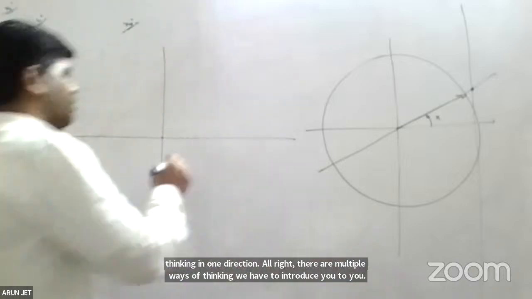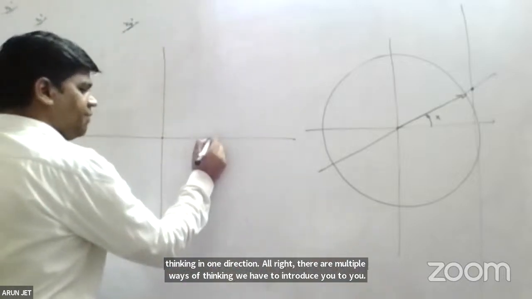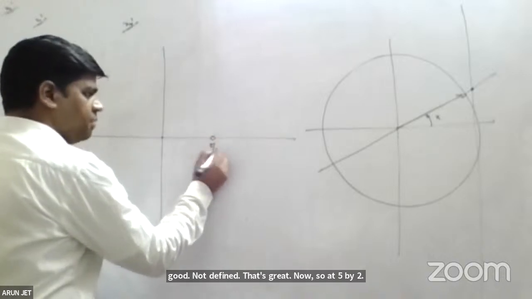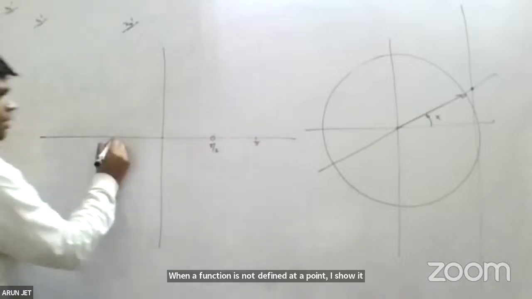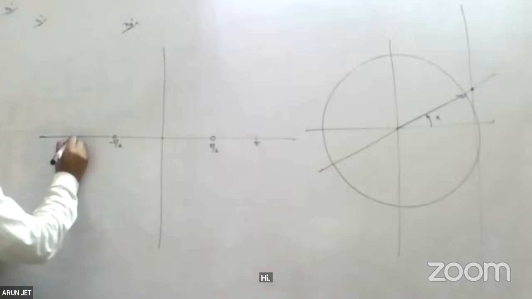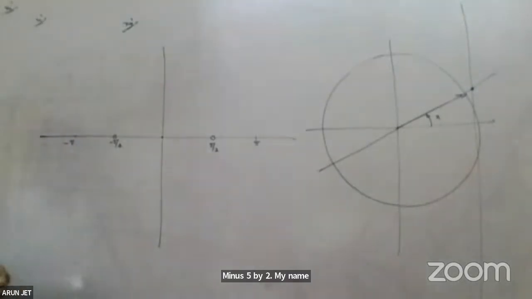That's great. Now, at pi by 2, when a function is not defined at a point, I show it with a circle like this. Pi by 2, pi, minus pi by 2, minus pi.